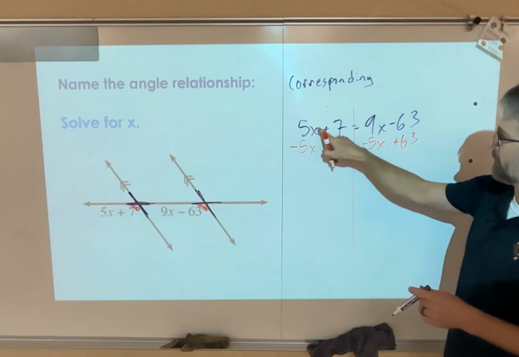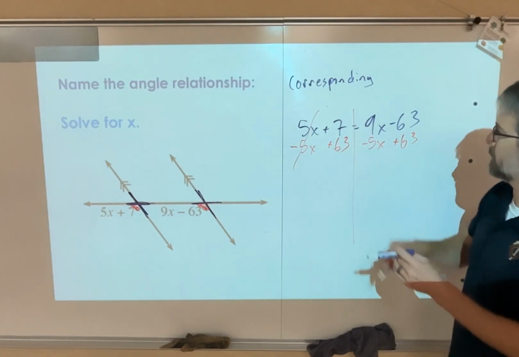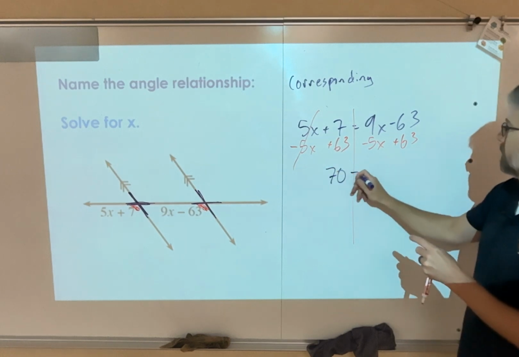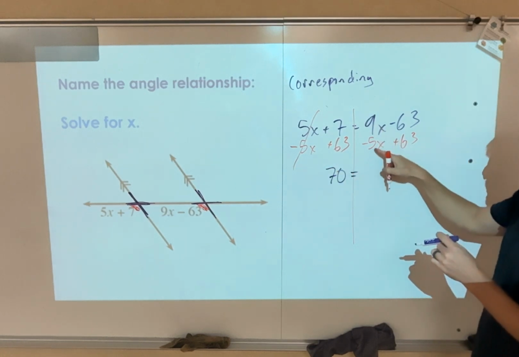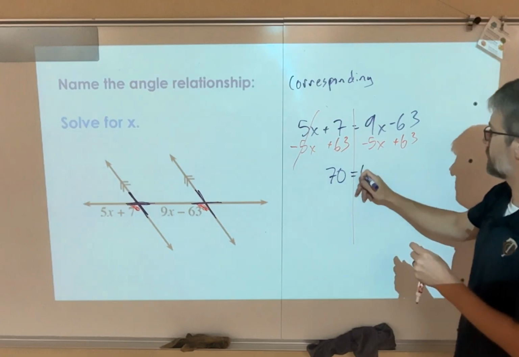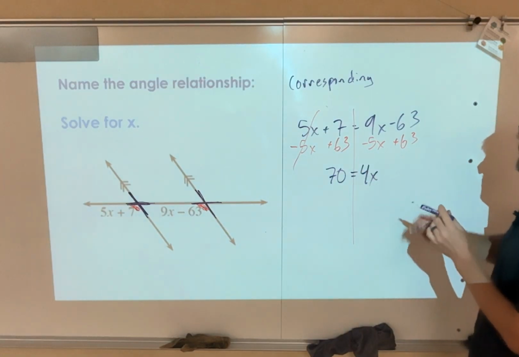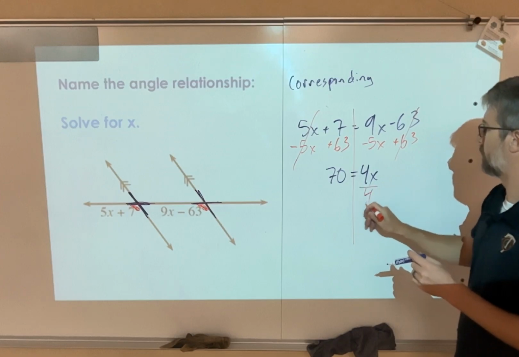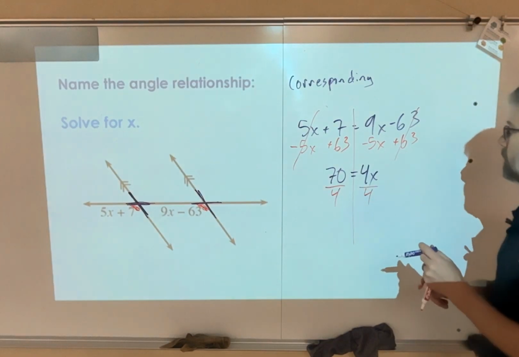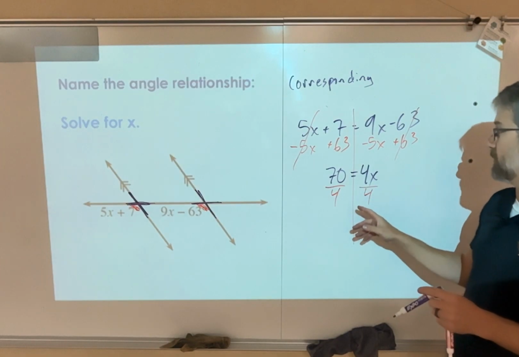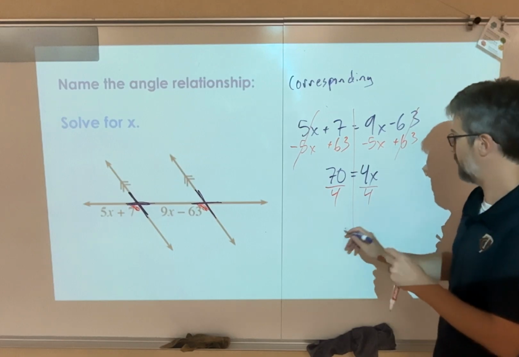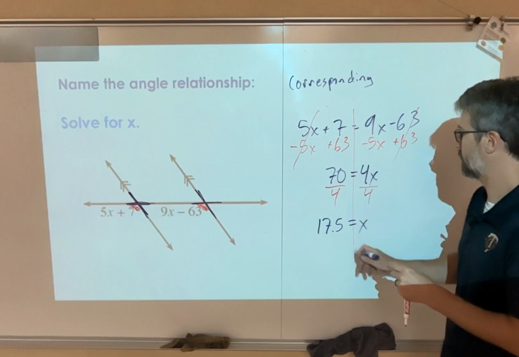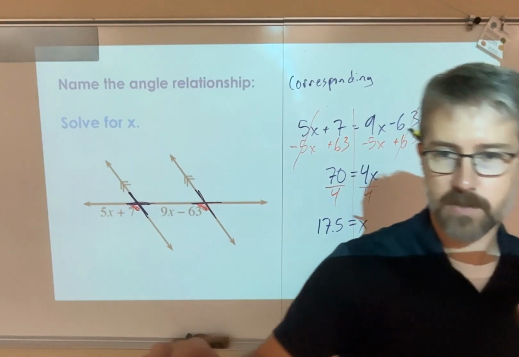Right, so on this side I've got the 5x's cancel, and this makes 70. Then 9 minus 5 for the x's is 4x, and the 63's cancel. And now I can just divide by 4. Let's see, that is going to be 15 plus 2.5 is 17.5, for our value of x.